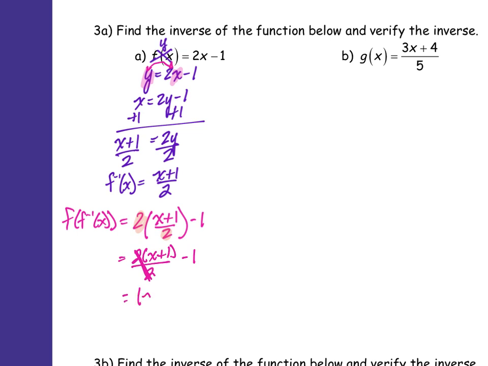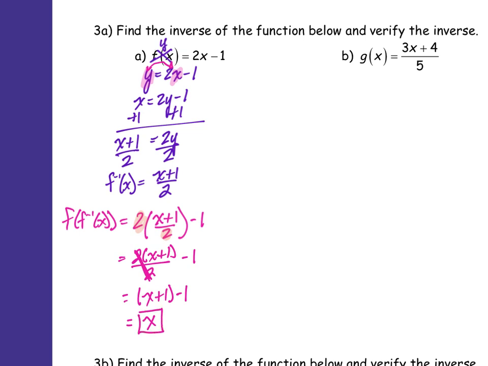Yeah, I can have a parenthesis. (x plus 1) minus 1, which equals what? What's x plus 1 minus 1? Is it x? It is x, yes. Because plus 1 minus 1 is 0, right? So I get left with x.